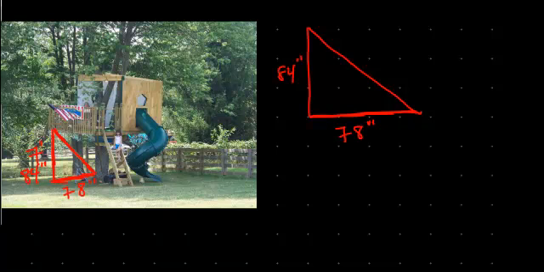Then we could use the Pythagorean theorem to figure out the length of the board, but we need the inverse trig functions to figure out the actual angle there, so that when I get my board, I actually know how to make the cuts on it.